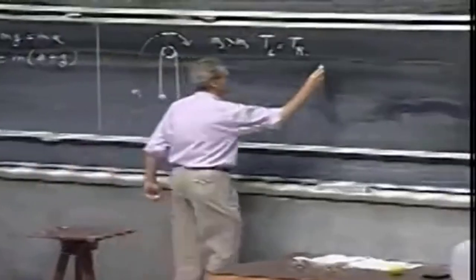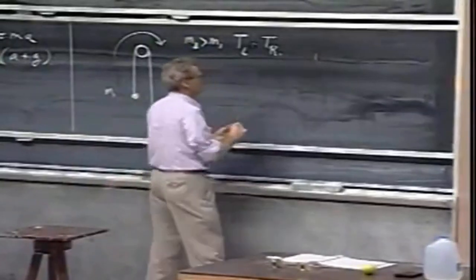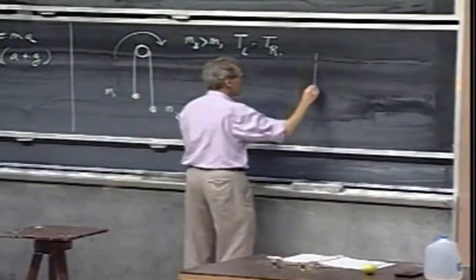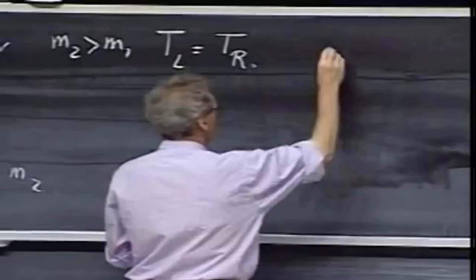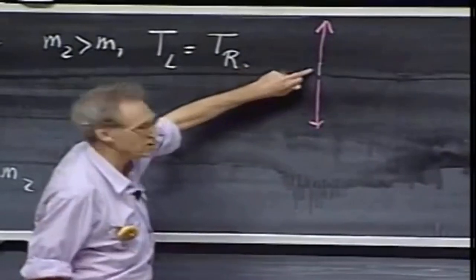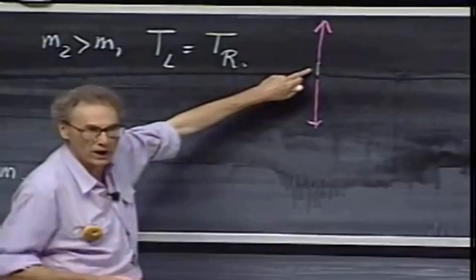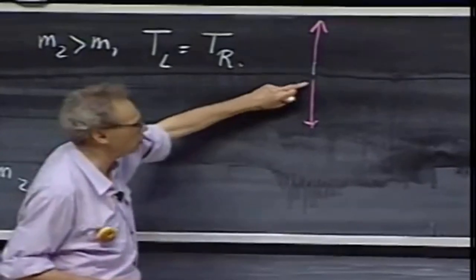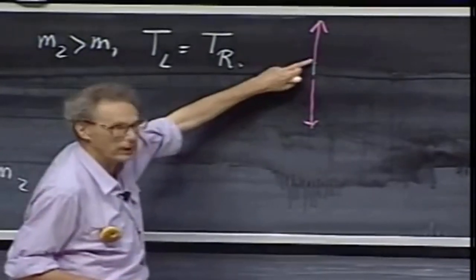Take a little section of the string here, a teeny little section. If there is a tension on it, there is a force in this direction, and there is a force in this direction. These two could never be different, because then this massless string would get an infinite acceleration. So there can never be a change in tension from this side of the string to the other.